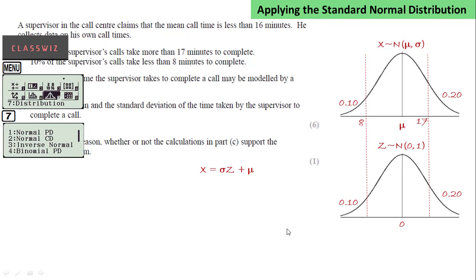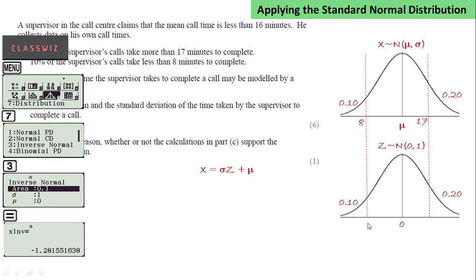So here we're going to do inverse normal, choose option 3. Here the area 0.1, we're now looking for this Z value here, and we get the Z value as minus 1.2816. And now we're going to look on this side here.